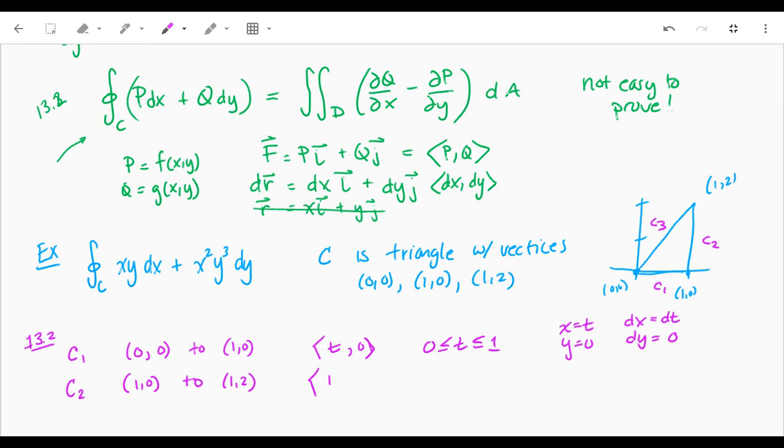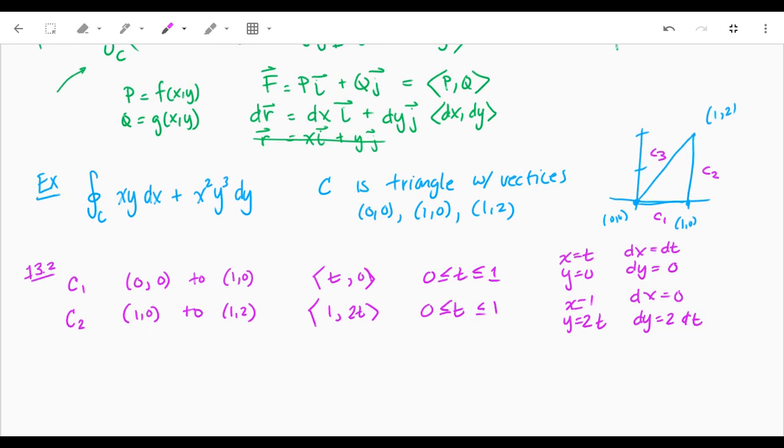X is 1, and y is 0 plus 2t. Again, t from 0 to 1. So x is 1, y is 2t, so dx is 0, dy is 2 dt.